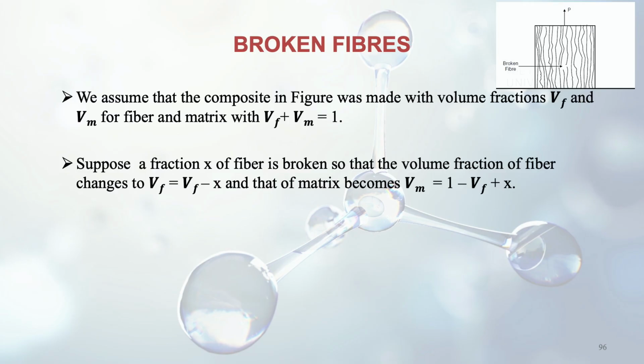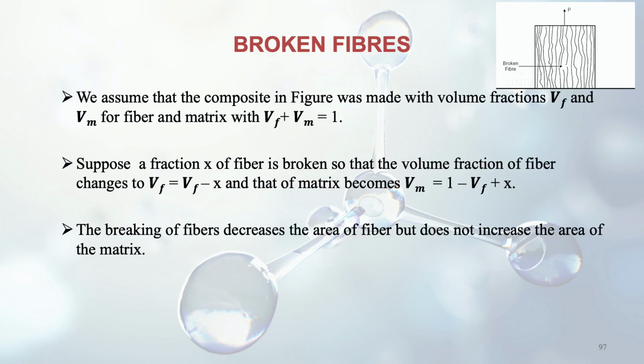Since X is gone, VF minus X. And that of the matrix will become how much? 1 was the total, so VM will be 1 minus VF, and since X is gone from VF, it will add up in the matrix section, so it will be 1 minus VF plus X.